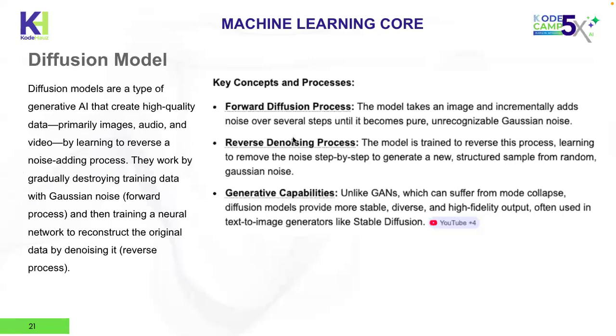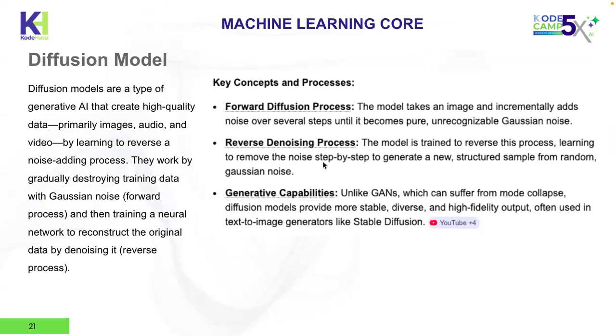Then you now reverse that noising process. You now have what we call the denoising process. In this denoising process, you are training the model to reverse that process, right? So you are training it to remove the noise step by step to generate a new structured sample from random Gaussian noise.